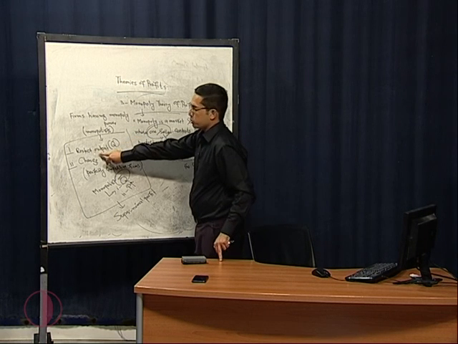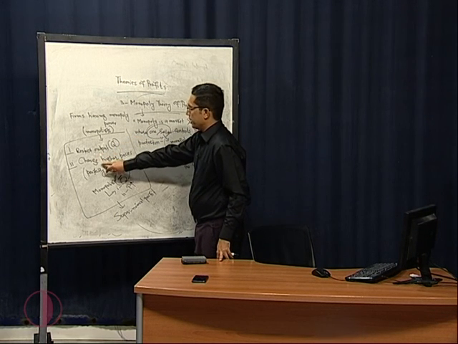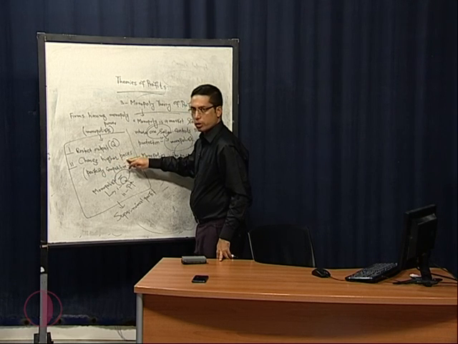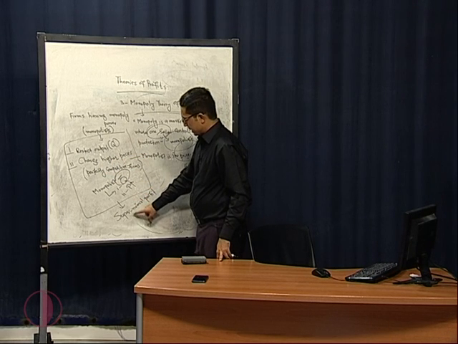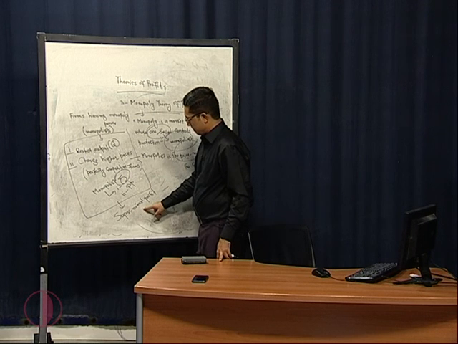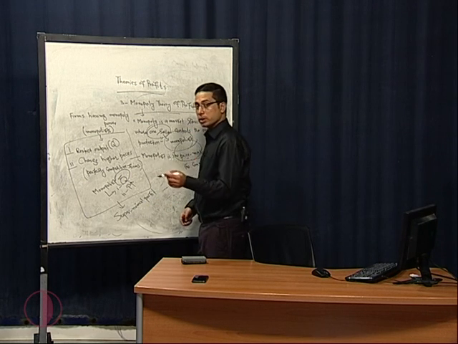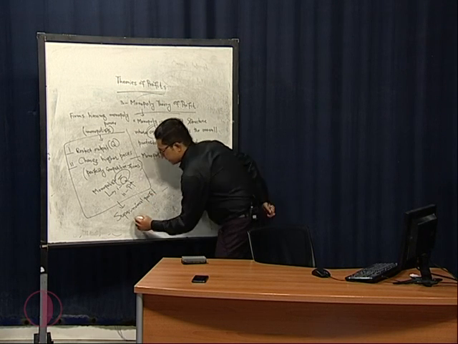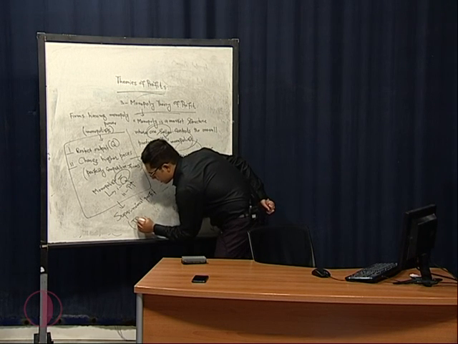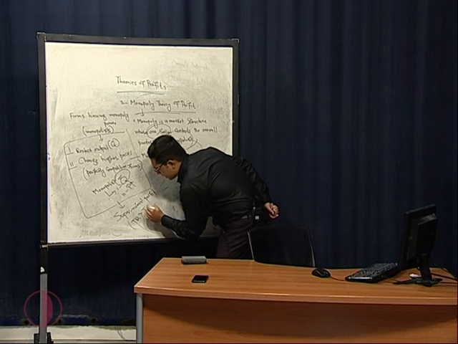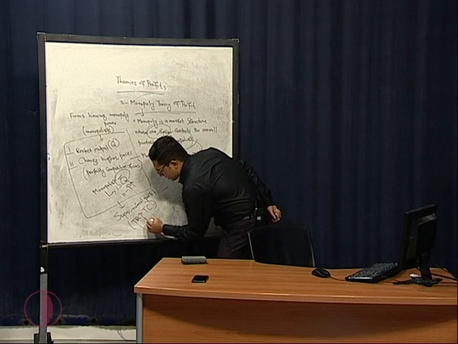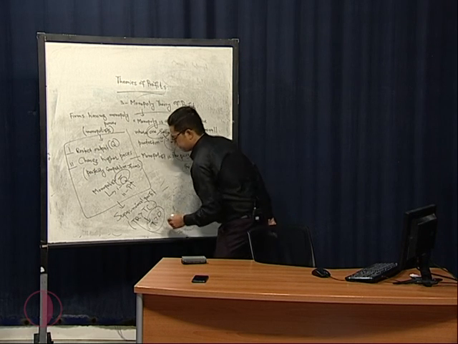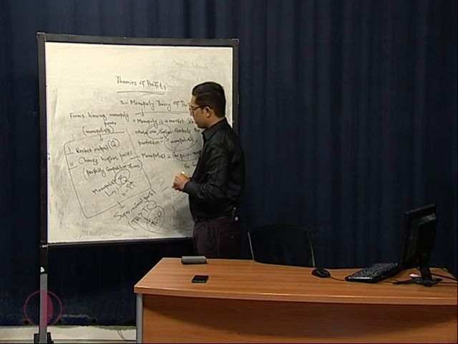Due to the restriction of total output in the market and the charging of higher prices for his commodities, the monopolist can earn supernormal profit, both in the short run as well as in the long run. It means his total revenue is greater than total cost, so profit is positive, supernormal profit.